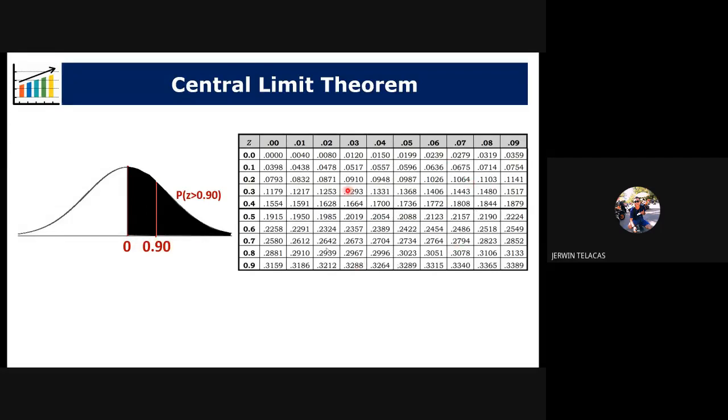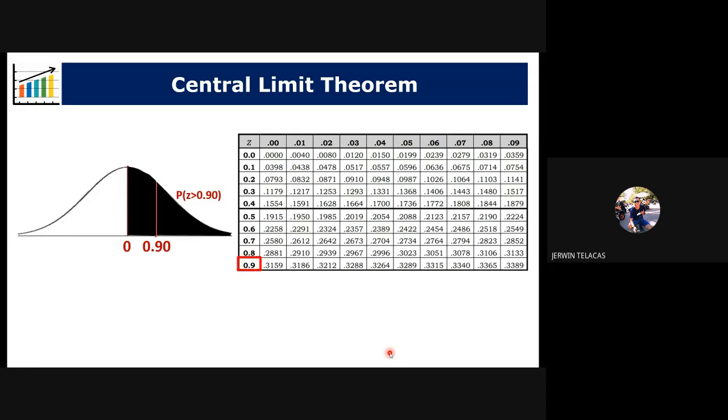By looking at the Z table, what is the area between 0 and 0.90? Anyone? Kindly determine the area. 0.3159, sir. Come again, Kenneth. 0.3159, sir. Okay, exactly.